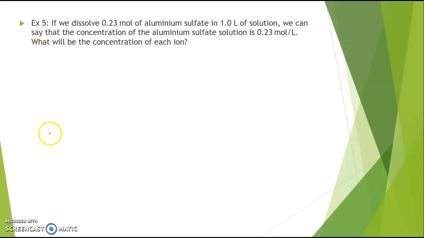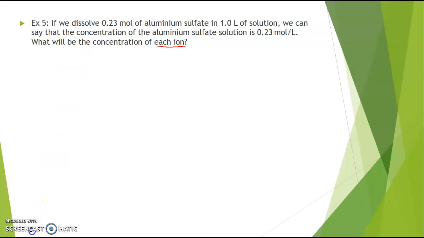We need to break down our understanding of this. As soon as a question asks for the concentration of each ion, we need to write out our dissociation equation.